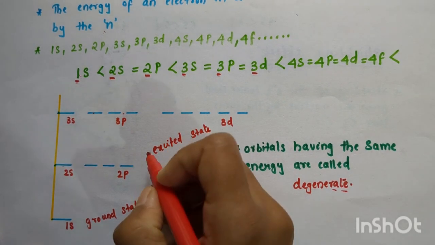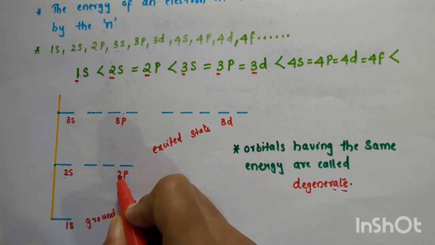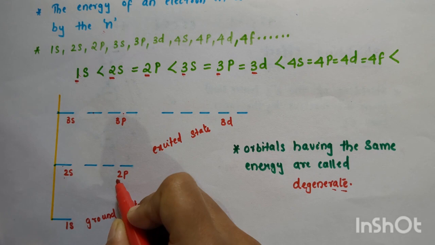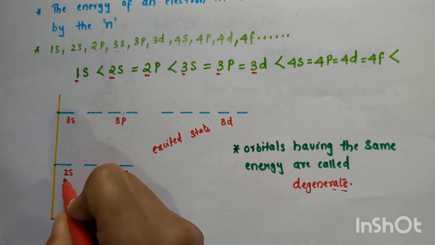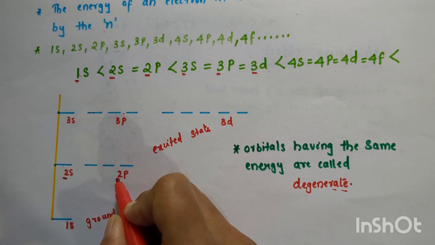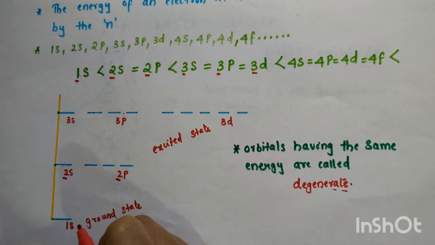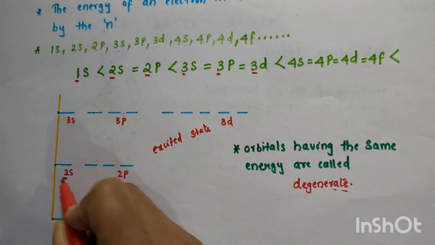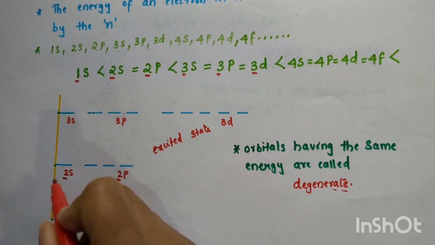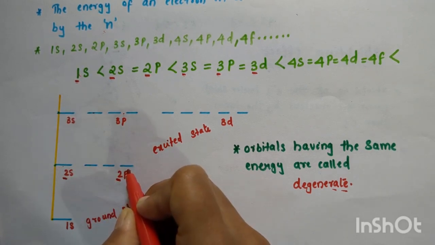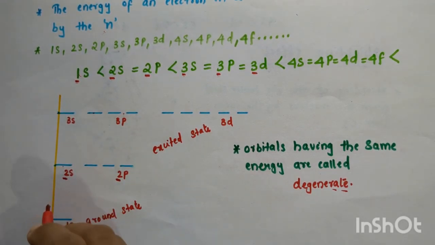You see, orbitals for the same value of n have the same energies. In the 2s orbital, the principal quantum number n is 2. In the 2p orbital, the principal quantum number n is 2. So, same principal quantum number, same energy. That is why they are along the same level. But what about their azimuthal quantum number?